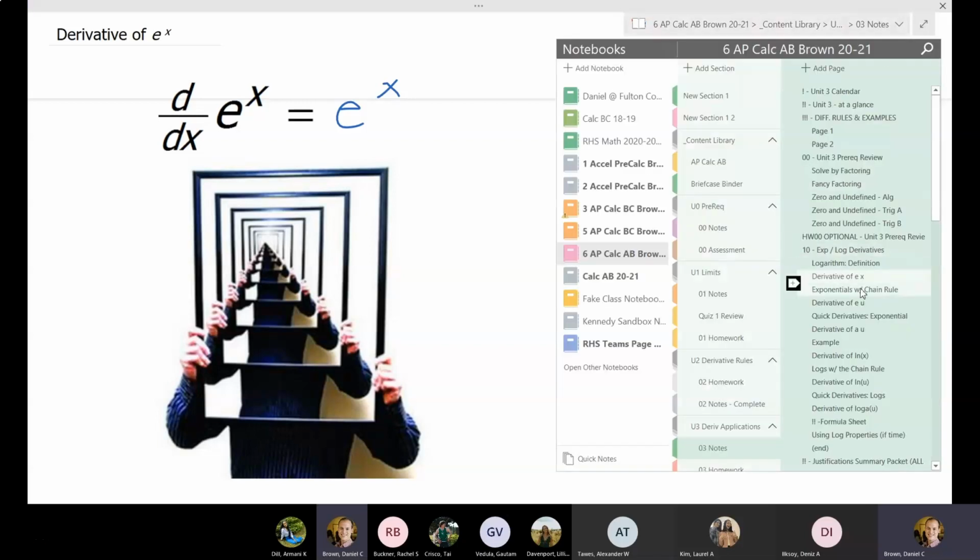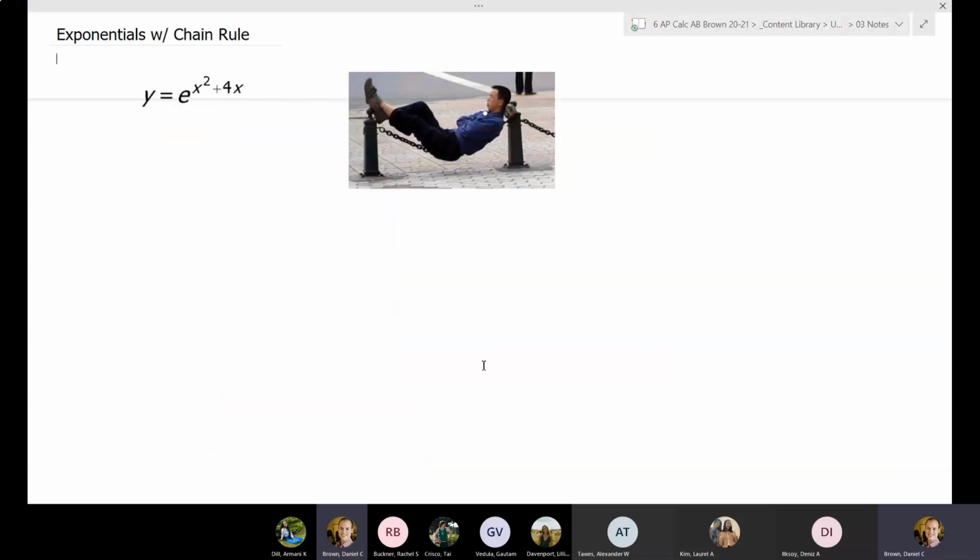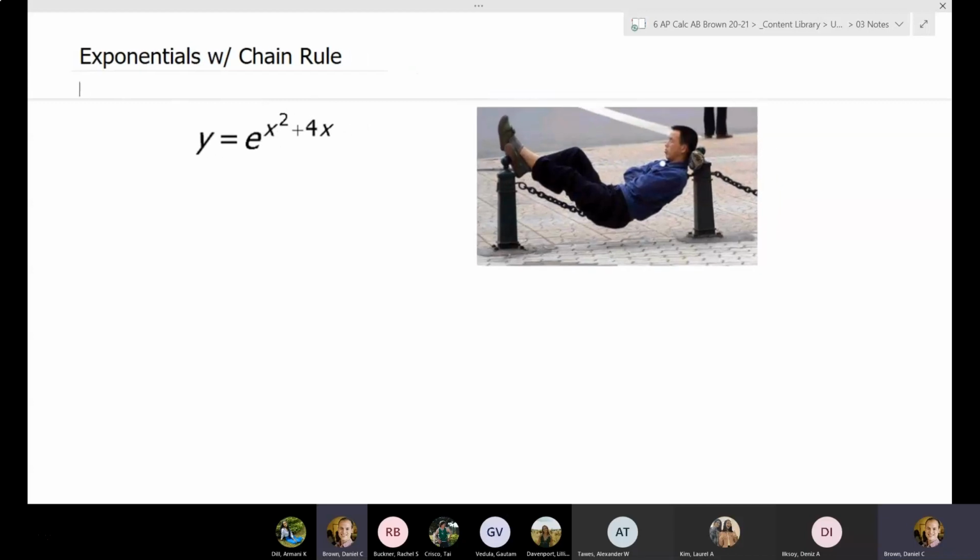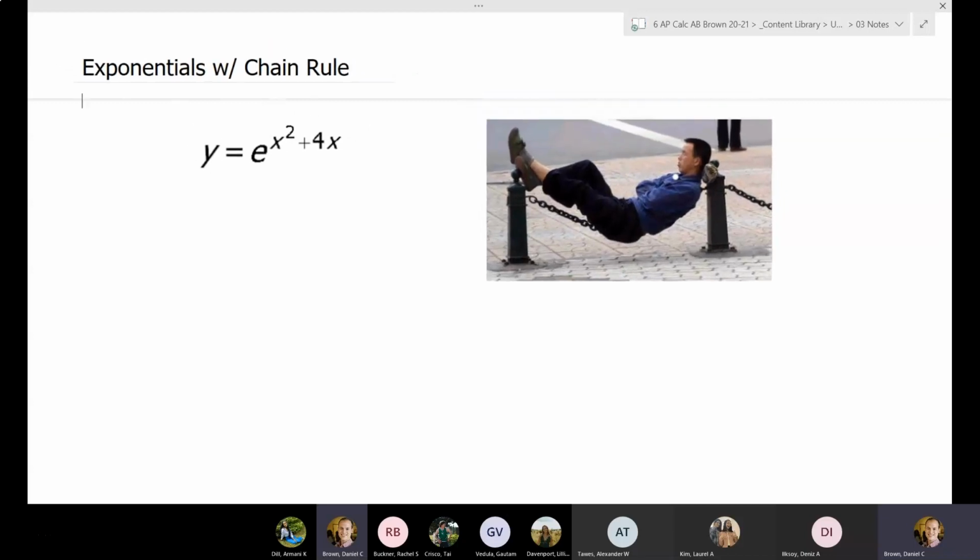As an example with that, we know that the chain rule always has to apply. Rarely will we have functions where we don't have the chain rule. When we're doing the chain rule with exponents, the inside is what you see in the exponent. Looking at this one, this is e to the x squared plus 4x, so that x squared plus 4x is what's inside that function.